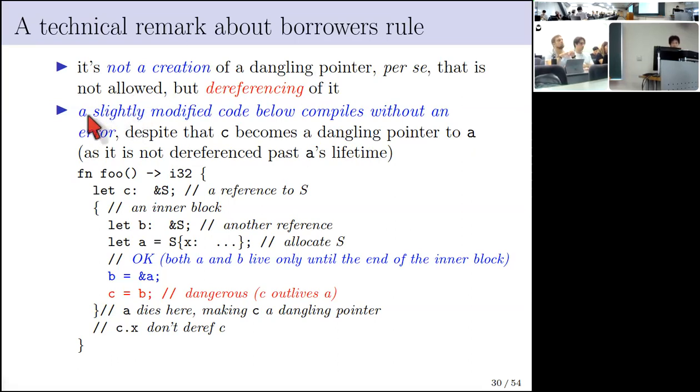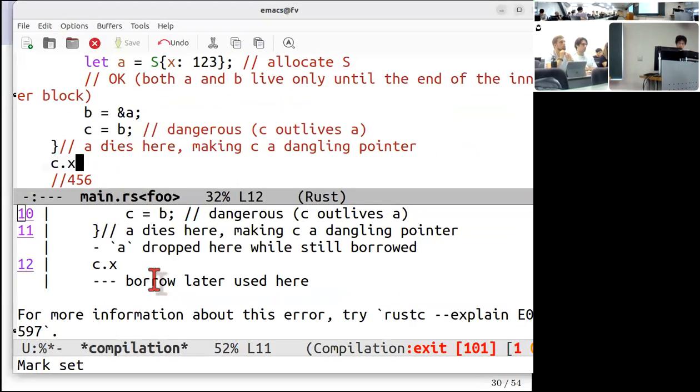As a matter of fact, I slightly modified the code I have shown before in such a way that you do not dereference this C pointer after this inner block is over. So it is still true that you have made a dangling pointer, right? But this program actually does not cause an error.